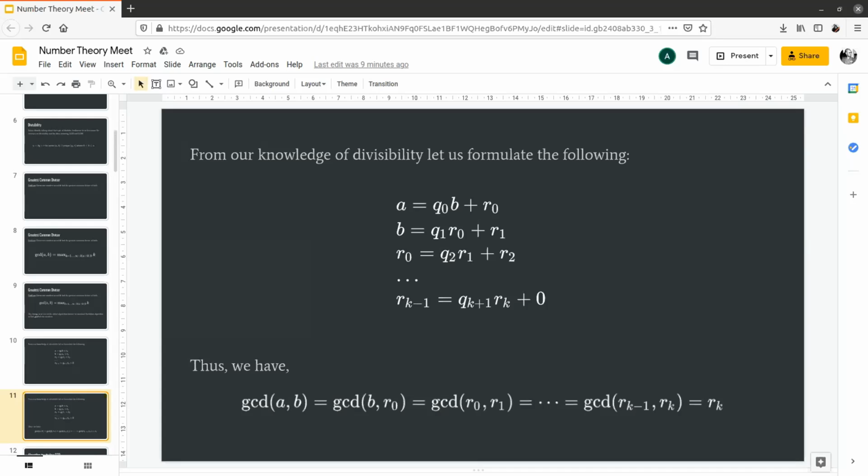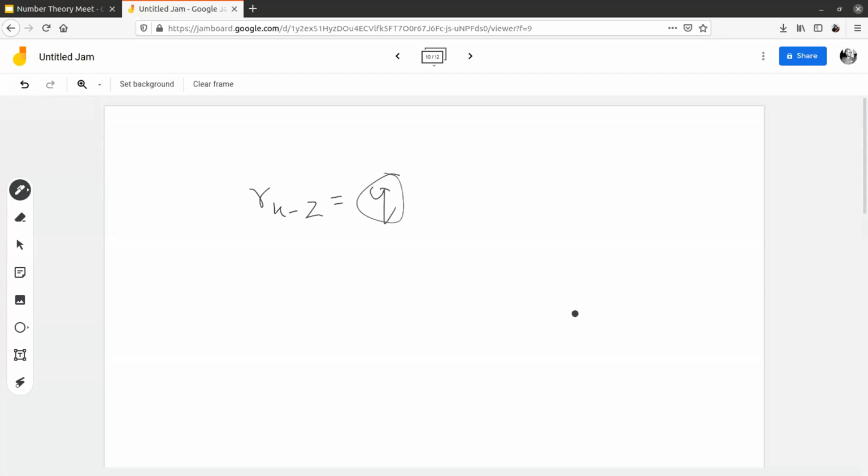We can't see your screen. It's stuck to Zoom only. One second. You can see now? Yeah.